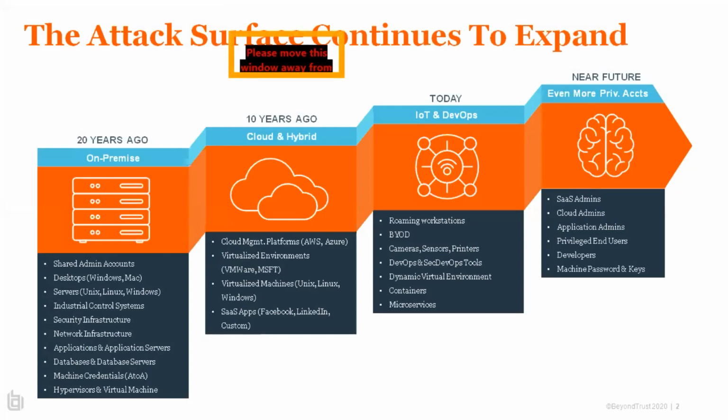Most of these devices, more often than not, have certain admin accounts associated with them, and as you go on, you're now seeing even further fragmentation. You're seeing SaaS applications and cloud applications, each one of which has certain privileges or admin IDs associated with it, which again need to be managed.